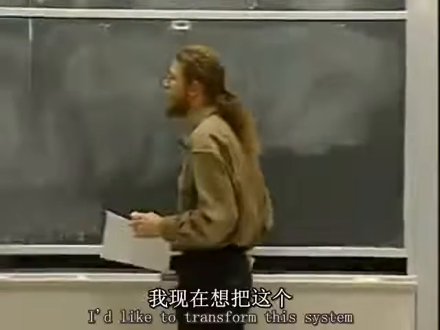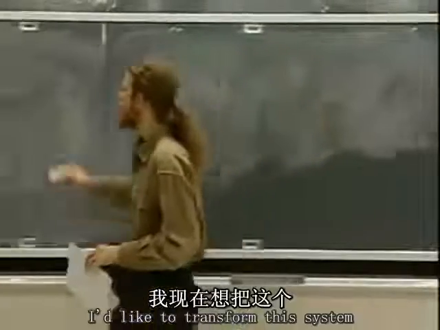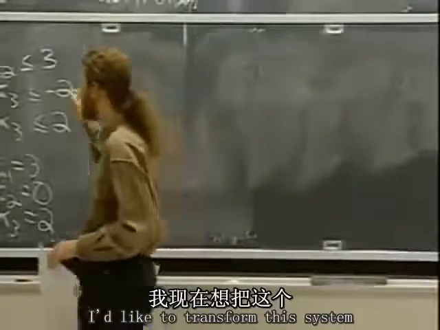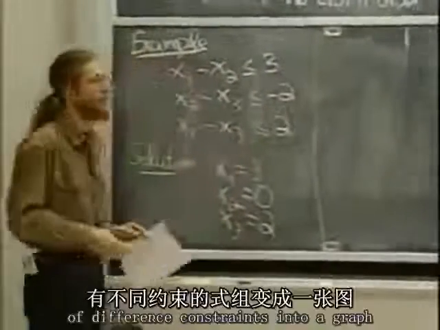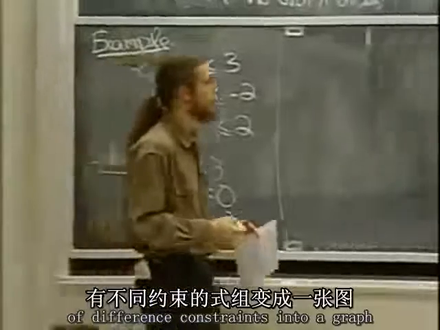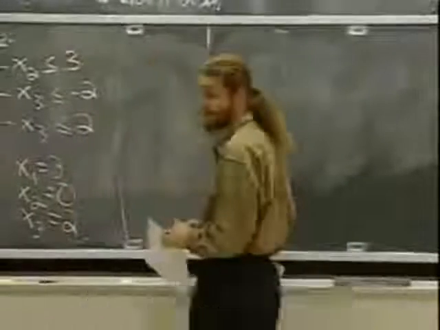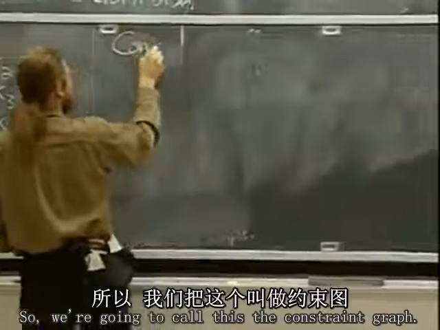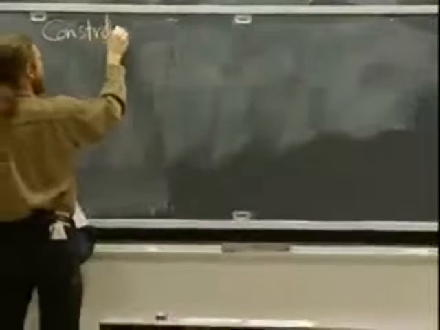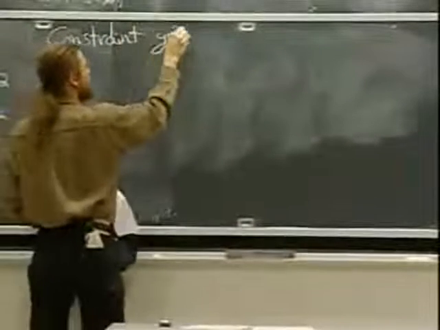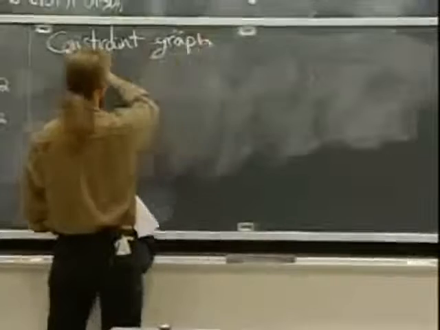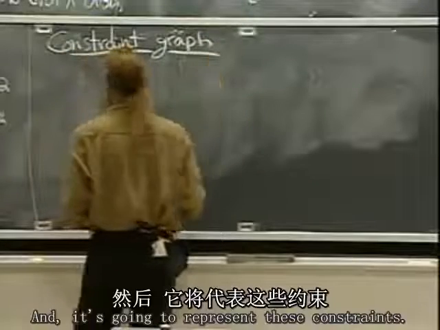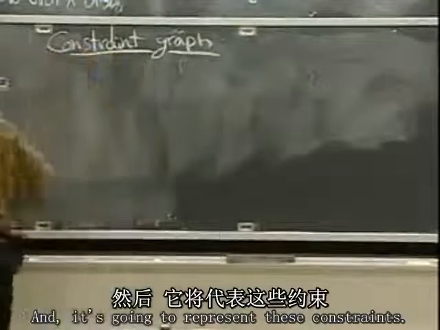Okay, I'd like to transform this system of difference constraints into a graph, because we know a lot about graphs. So I'm going to call this the constraint graph. And it's going to represent these constraints. How do I do it?